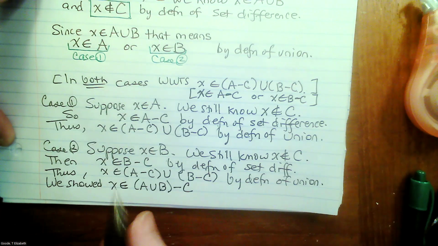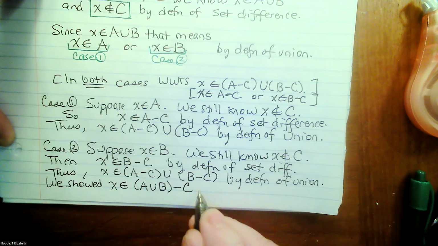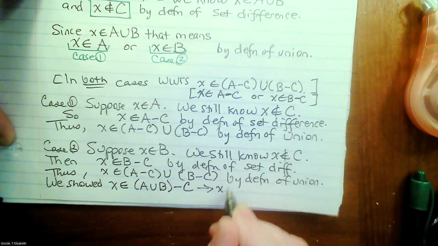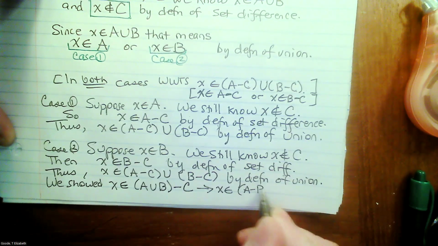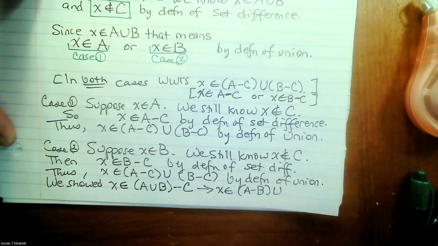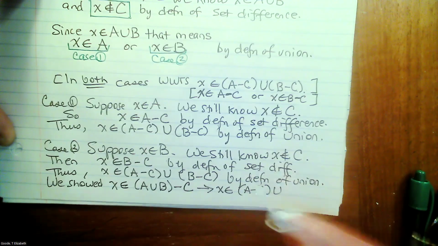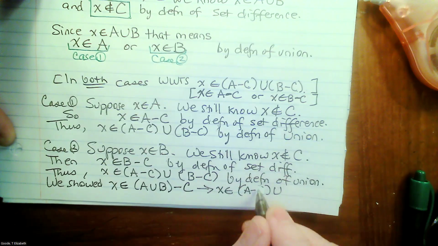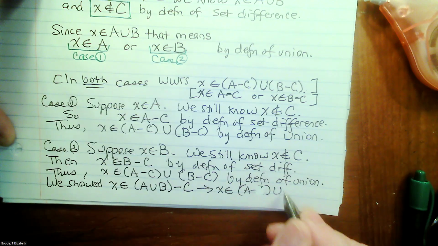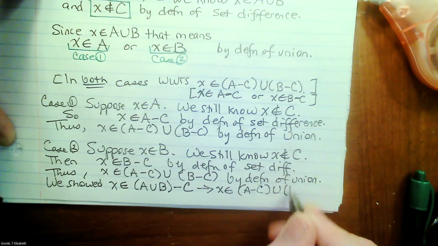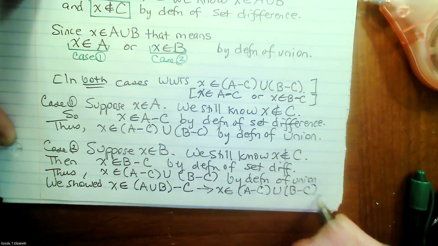We showed X being an element of A union B minus C implied that X is an element of A minus B union... oops, typo. What should I have written there? Should be A minus C union B minus C. Thank you.